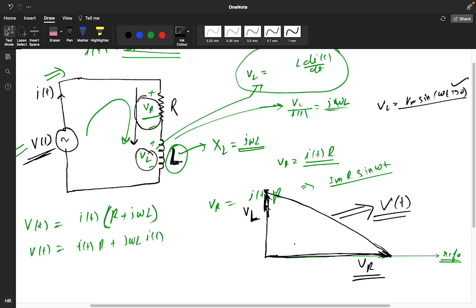So this is your phasor diagram. And what about your current I of t? I of t will be in the same phase only.